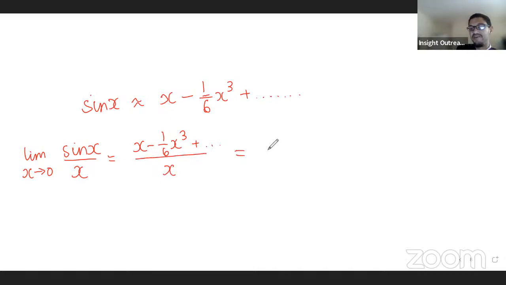And then this is equal to 1 minus a sixth x squared. So as x goes to 0, the limit equals 1, or this term tends towards 1.